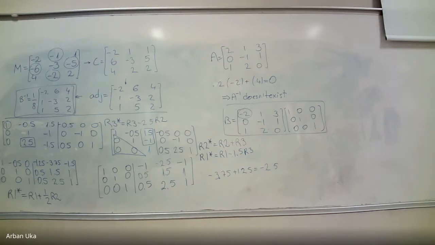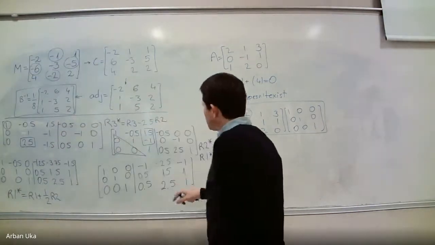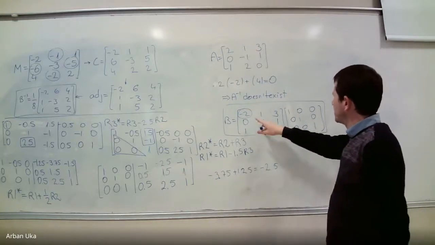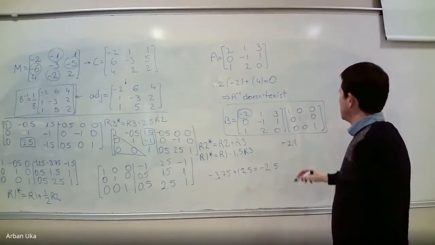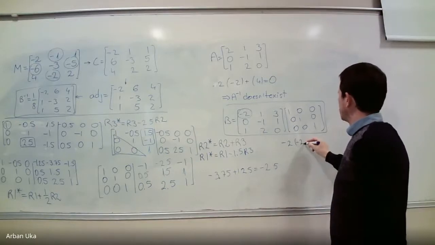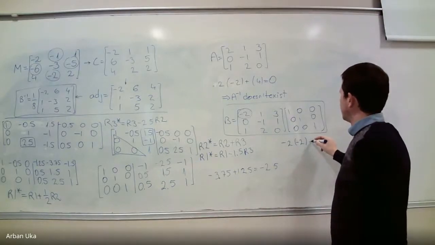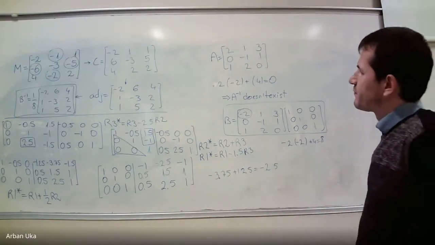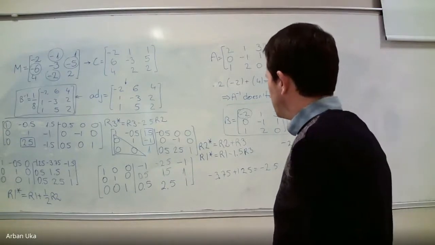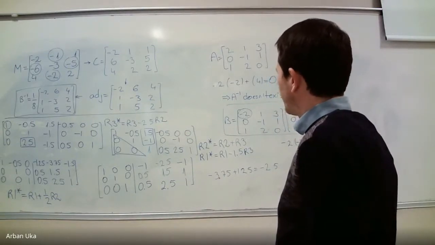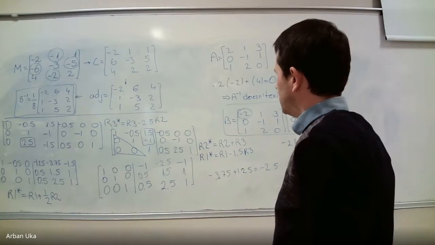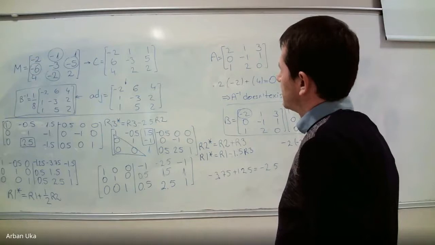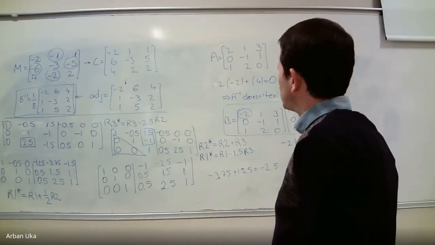So in fact, was the determinant really 8? So if we check this again, this is minus 2 times 0 minus 2, which is 4. Yes, this is 8. But what did we make a mistake here? I cannot see it.